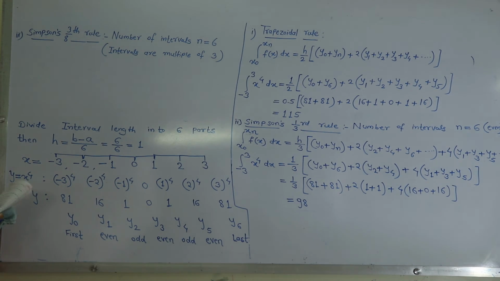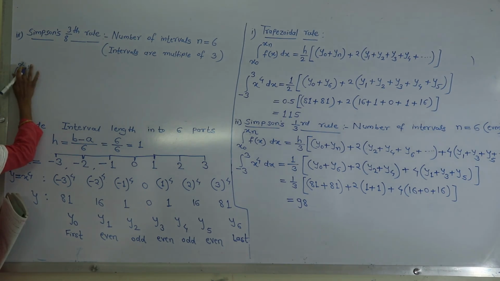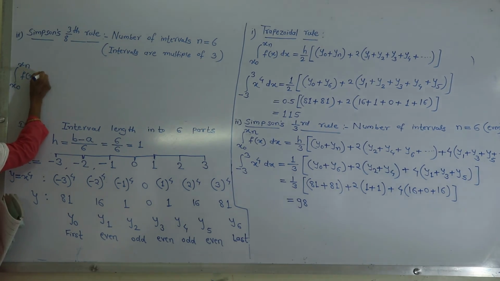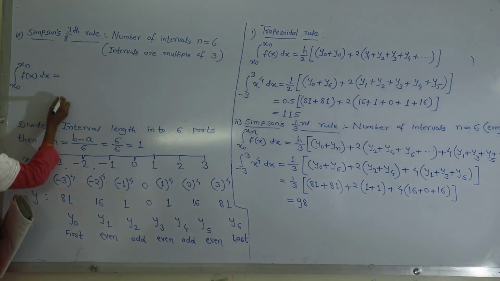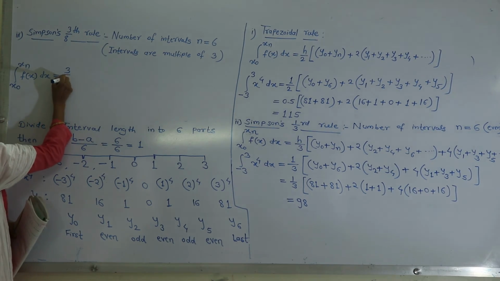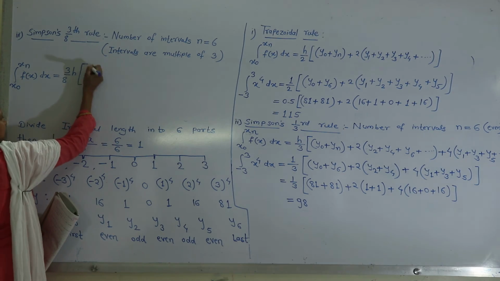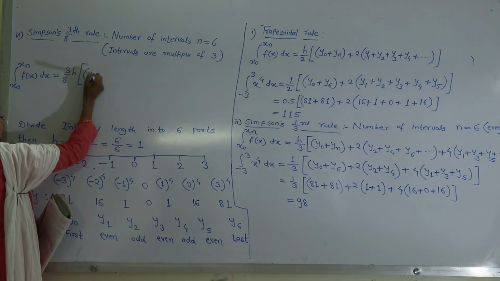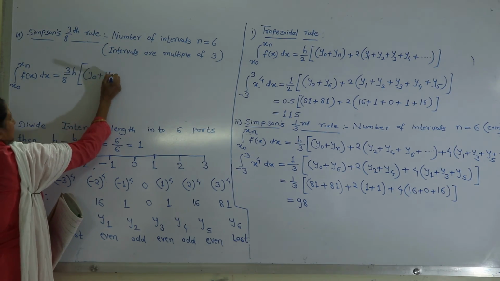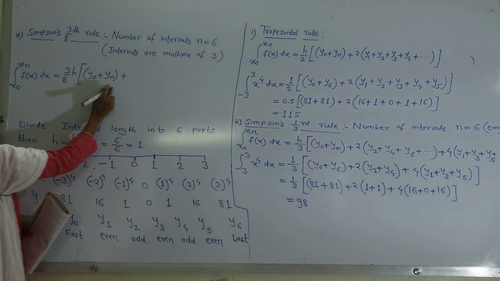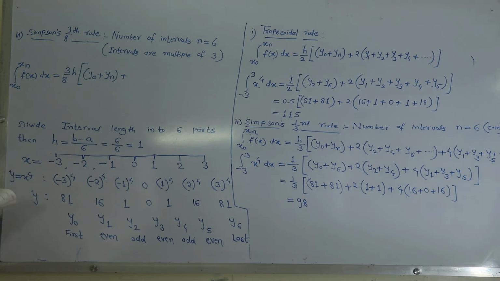Now the first formula is integration, the general formula, x0 to xn f(x) dx is equal to 3/8 into h in bracket. First is y0 plus yn, first plus last ordinate. The first term is common for all.